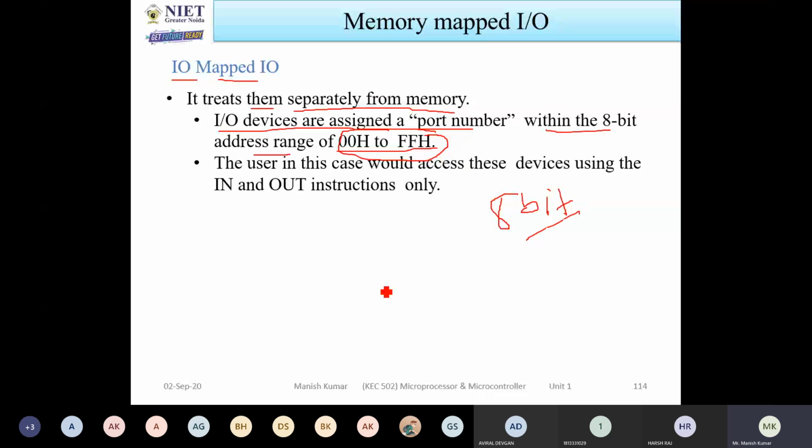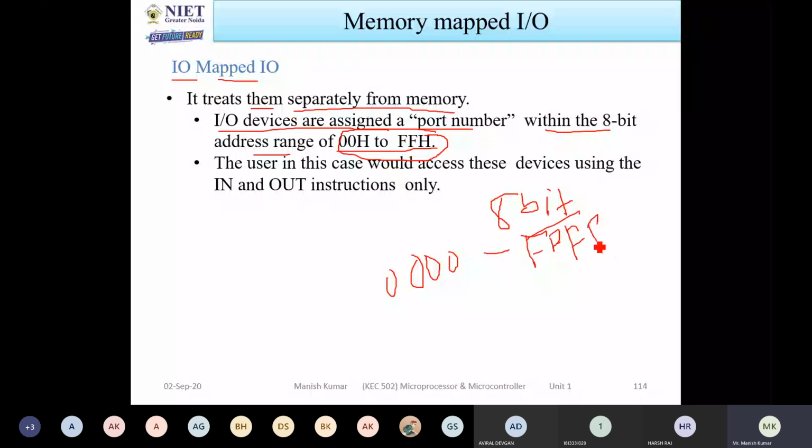In the case of memory, the address range is 0000 to FFFFH, four times F, since this is of 16 bits. So this is the difference.